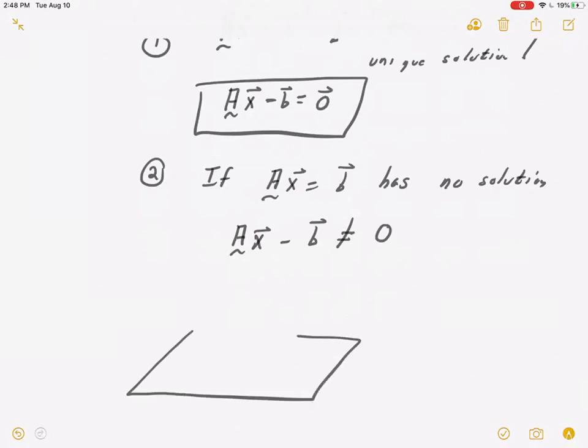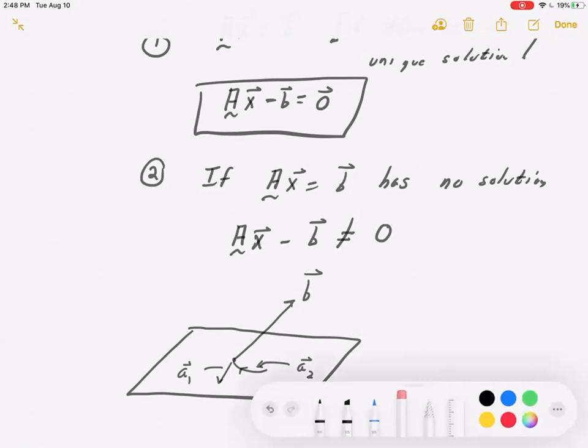So let's look at this problem geometrically. Here's my origin. Here is one of the linearly independent vectors, A sub 1, that spans the plane. And here's another linearly independent vector, A sub 2, that spans the plane.